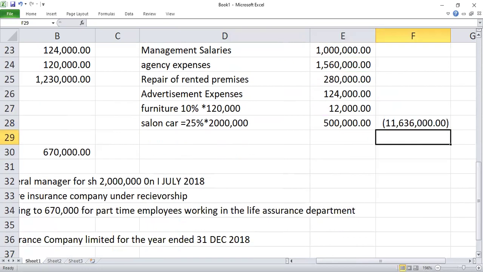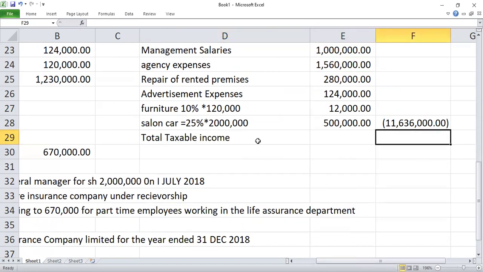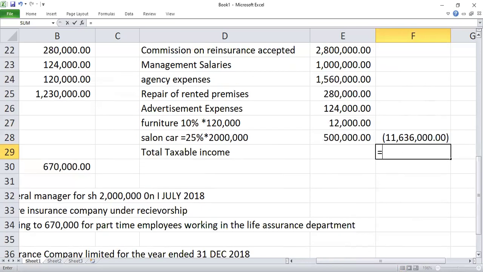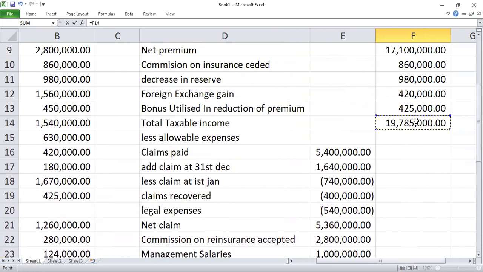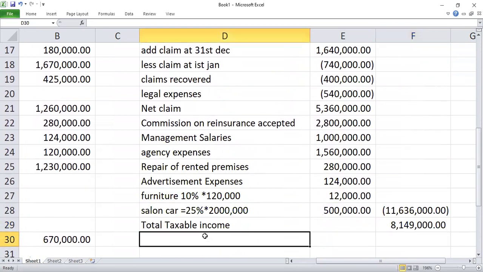So we need to get the total income. Total taxable income, which we take equal to this. We are going to subtract from the expenses, since it was in minus, so you're going to have plus this. And we have this our income. So we have other incomes, what we call other income.